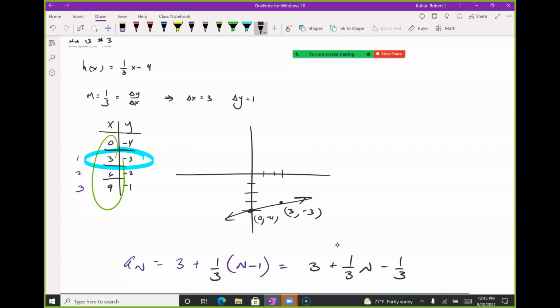Am I doing this correctly? What am I adding every time? Yeah, 1/3.